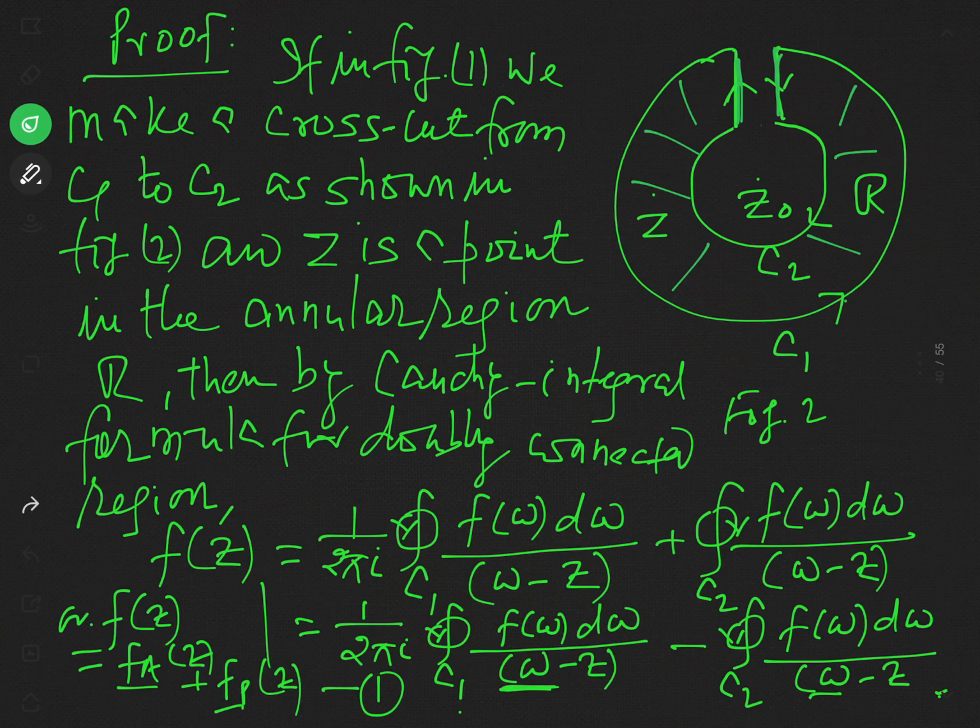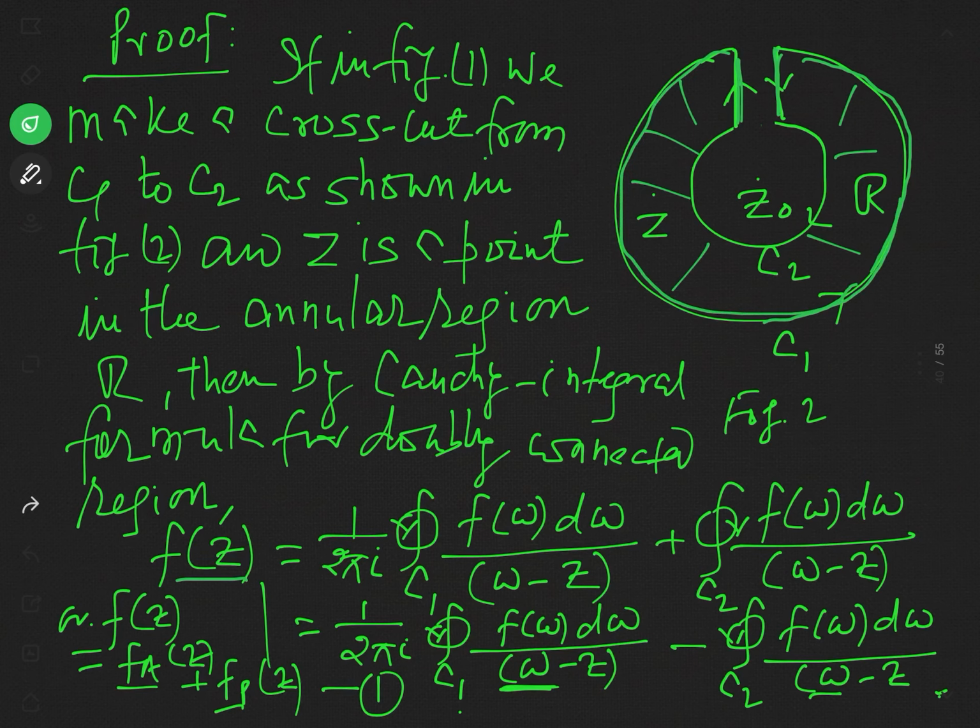And what will be that expression? Using the Cauchy integral formula, we can write f of z equal to 1 over 2 pi i integral along C1 of f of w dw by w minus z, plus something. When you traverse the circle C1, the sense of rotation is anti-clockwise.